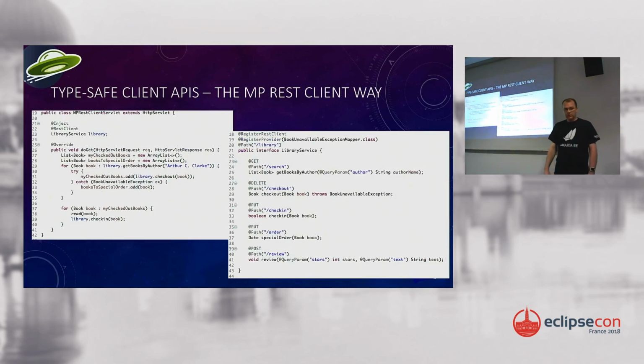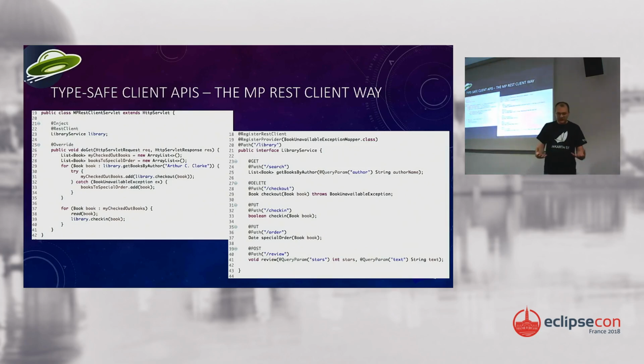This is what the MicroProfile REST client looks like. You have an interface that represents a library service. You have get methods to get books by authors. You have deletes, I guess, is what we're using to check out, and puts to check back in, and additional stuff for special ordering. And then your code in your application looks a lot cleaner. From this library service, you just call a method, get books by author, pass in your author name, and then check it out.